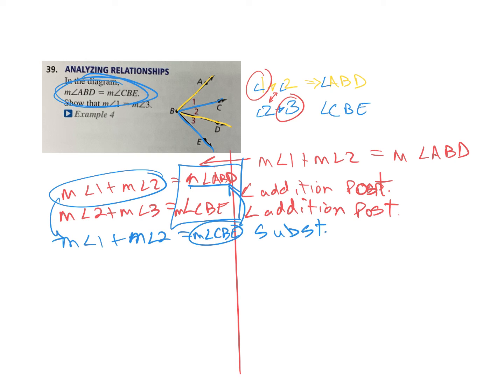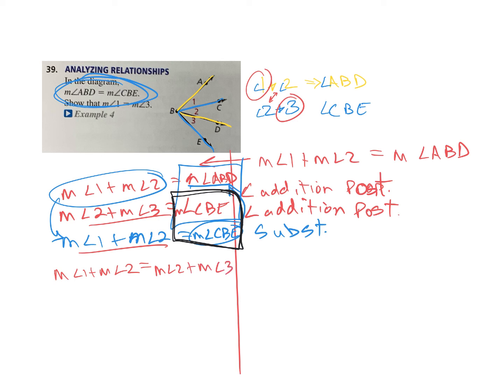So now, you see, these two right here are the same. If those two are the same, I then can say the measure of angle 1 plus the measure of angle 2 is equal to, this right here is equal to that because CBE is equal to CBE, the measure of angle 2 plus the measure of angle 3.